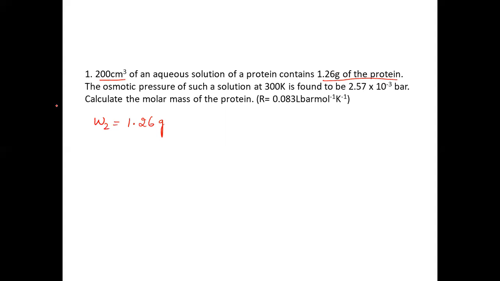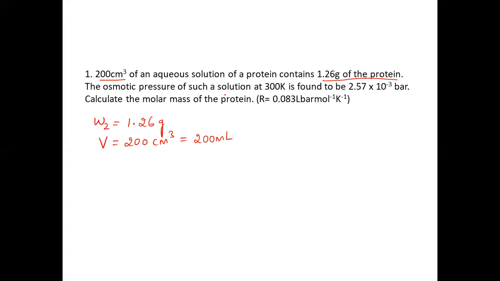And this is the volume of the aqueous solution, in cubic centimeter. Cubic centimeter is nothing but milliliter in the common unit. So we need to take volume in liters. Later we can substitute the values along with the conversions.